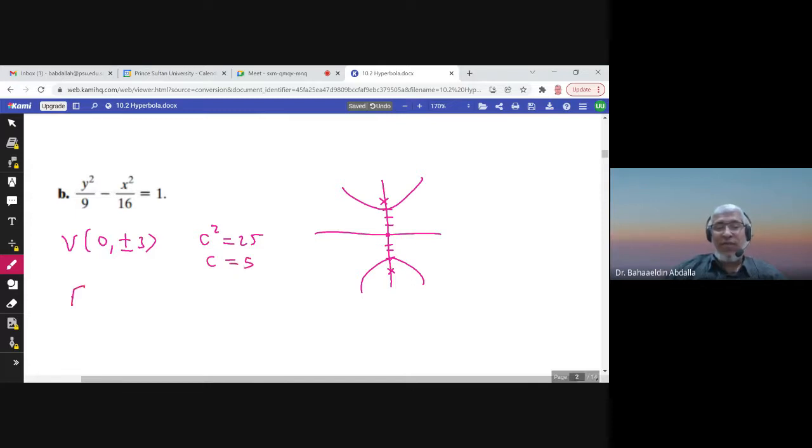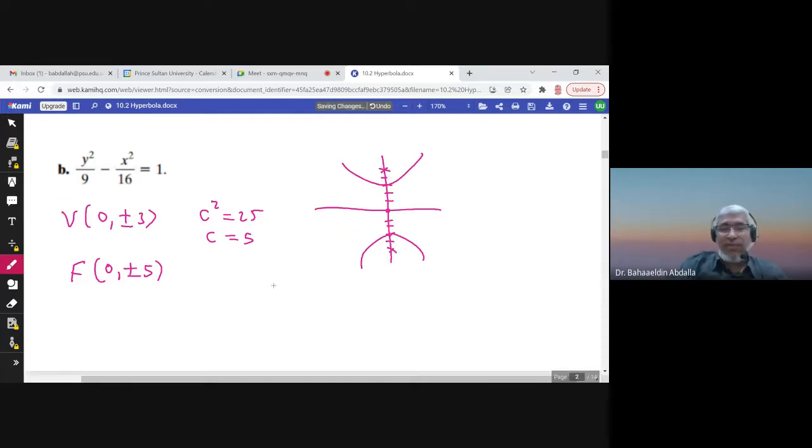So c is 5, and the foci will have coordinates 0, plus or minus 5. So this is 4, this is 5. These are the two foci.